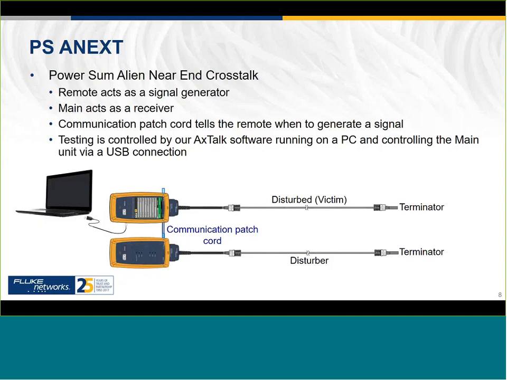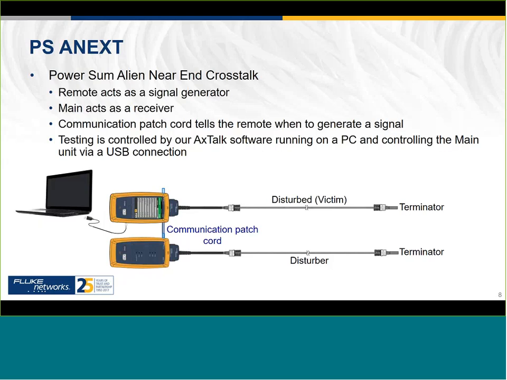For the links that you are going to be testing, and we'll deal with how you pick a victim link shortly, what we're going to do is with our DSX 5000 or our DSX 8000 cable analyzer, the remote will act as a signal generator.